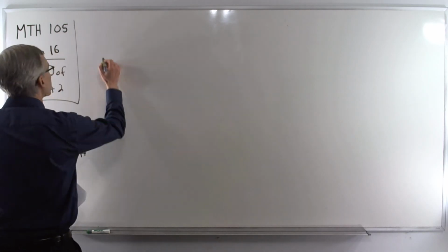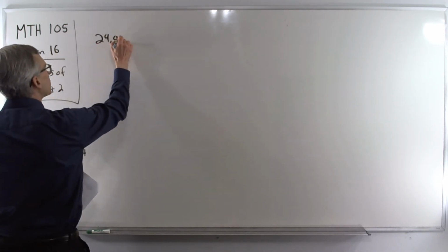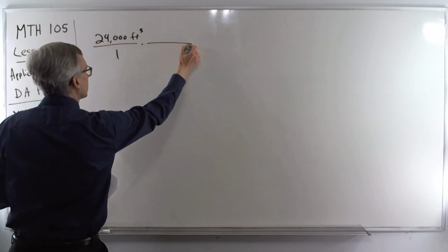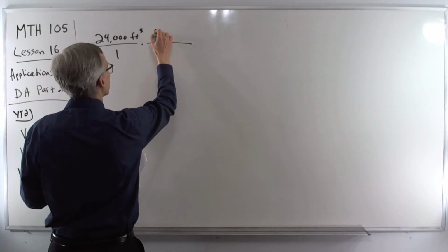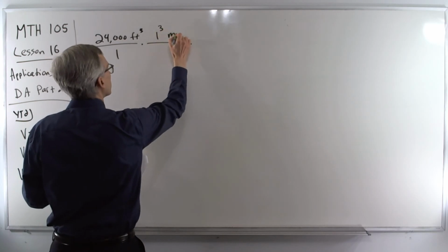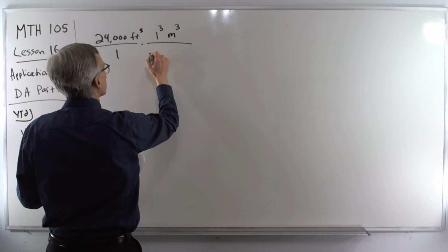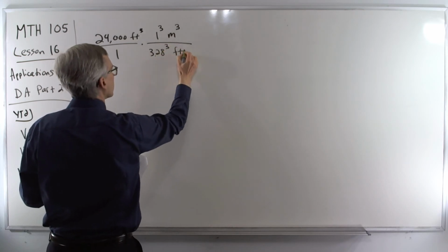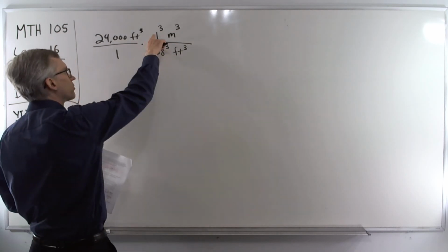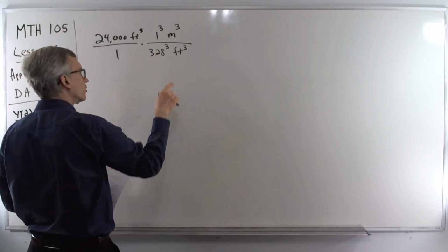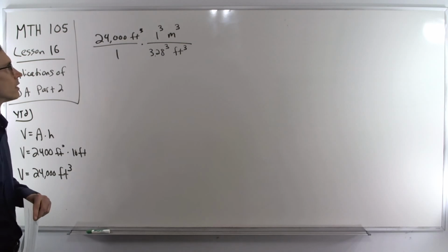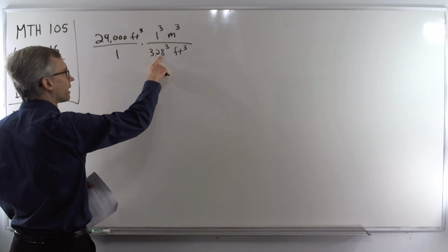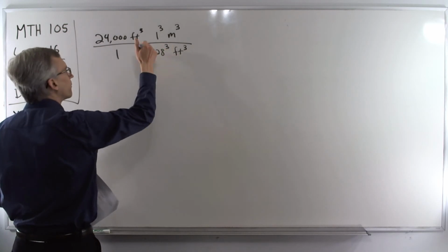So we're going to take this value, 24,000 cubic feet, multiplied by our conversion. 1 meter is 3.28 feet, and we're going to cube everything. So then we're going to take 24,000 and divide it by 3.28 to the third power.